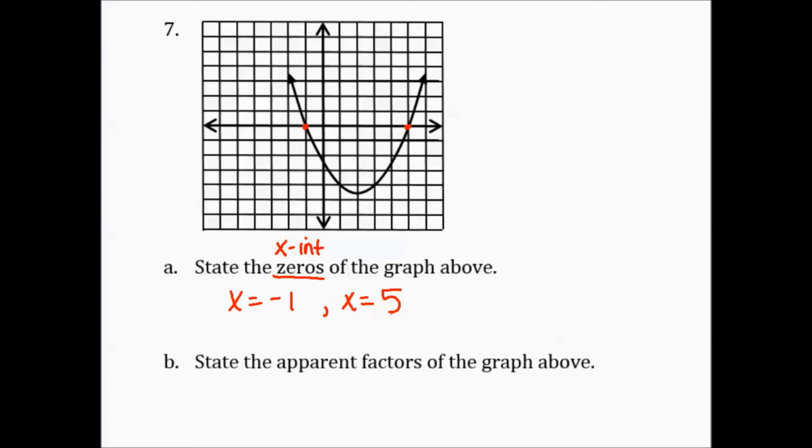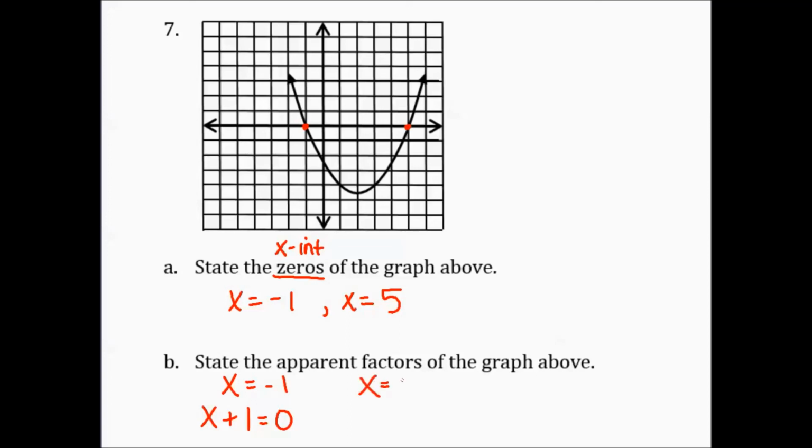To state the apparent factors, I'm going to work backwards. If I know that the answer is x equals negative 1, if I add 1 to both sides and set it equal to 0, that tells me that x plus 1 will be one of my factors.